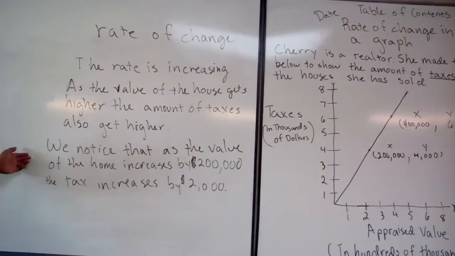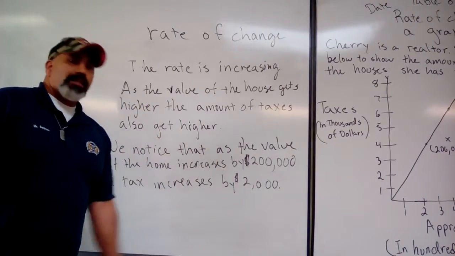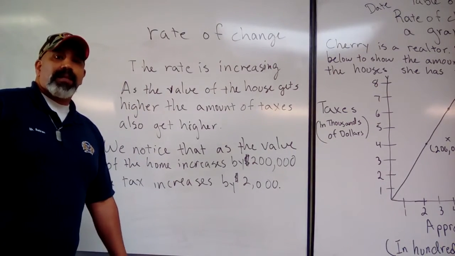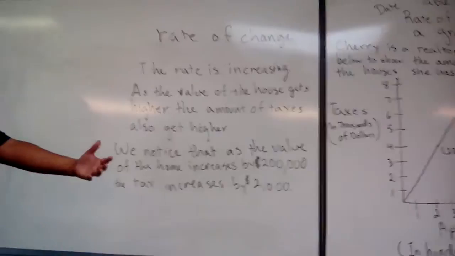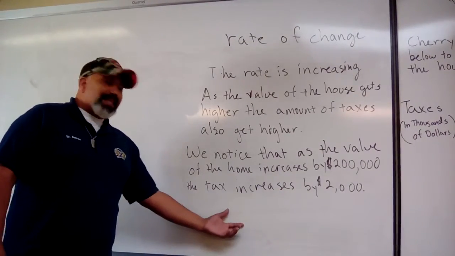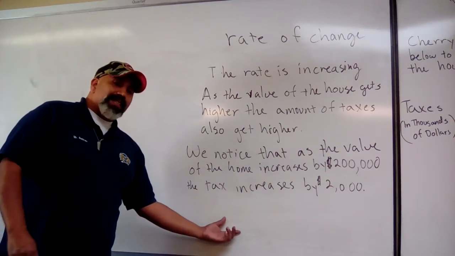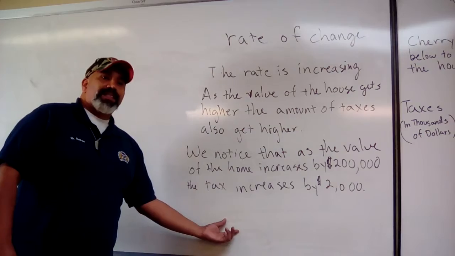So that's going to be our rate of change. As the home increases by $200,000, the tax increases by $2,000. That's not the unit rate. We're going to talk about unit rates in other videos, but in this case, this is also a rate of change. The unit rate is a rate of change. This is also a rate of change.